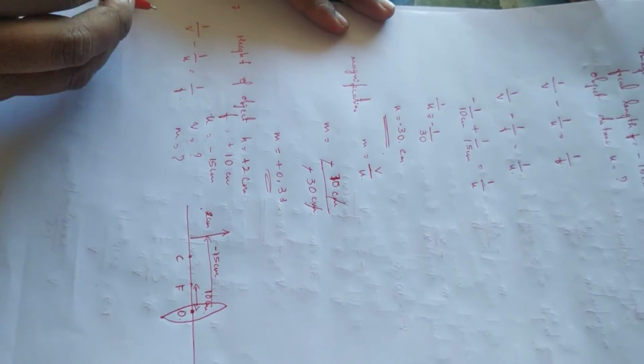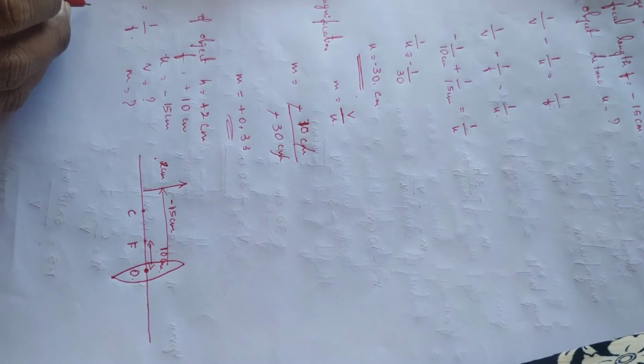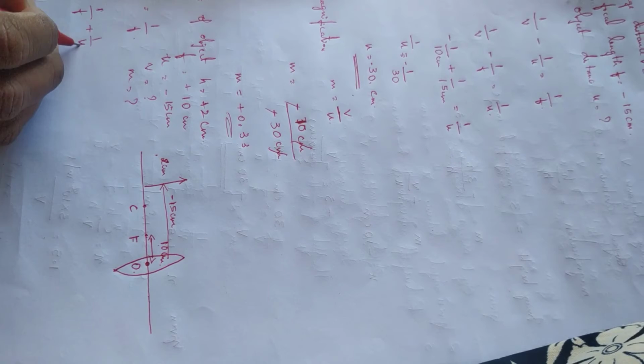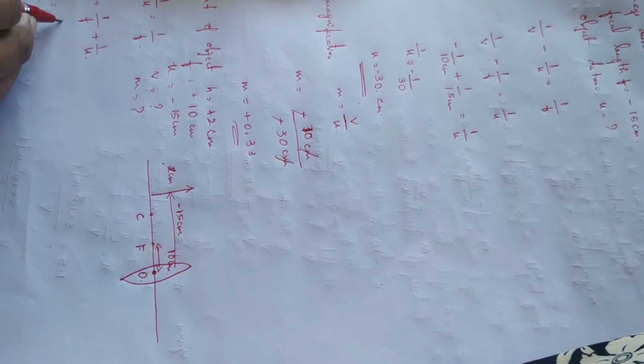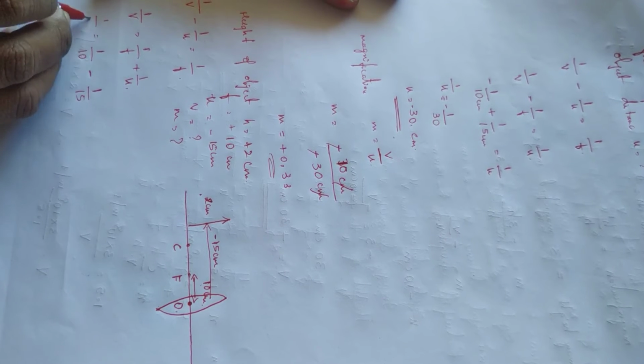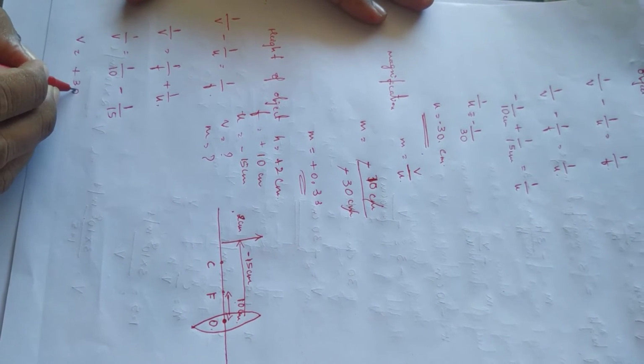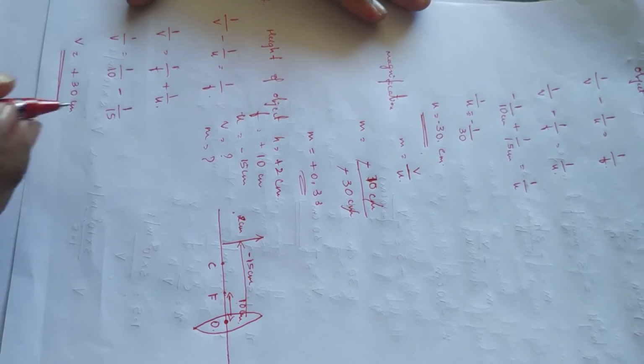So we have this formula. We have u but we don't have v, therefore 1 by v is equal to 1 by f plus 1 by u, which is 1 by 10 minus 1 by 15. So v finally we will get as plus 30 centimeter, right?